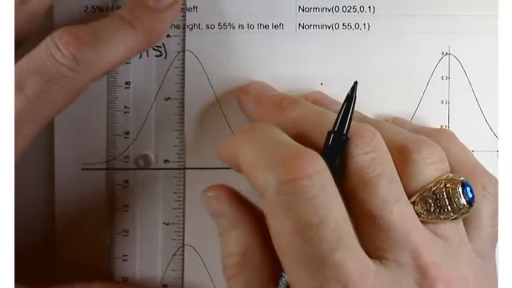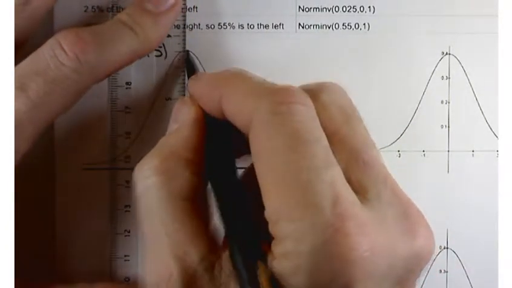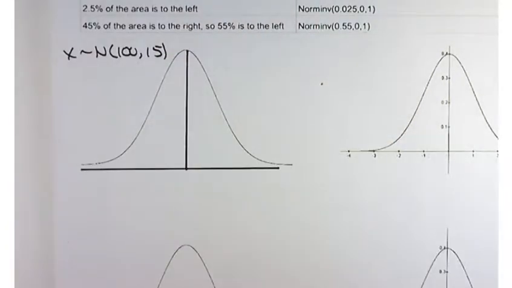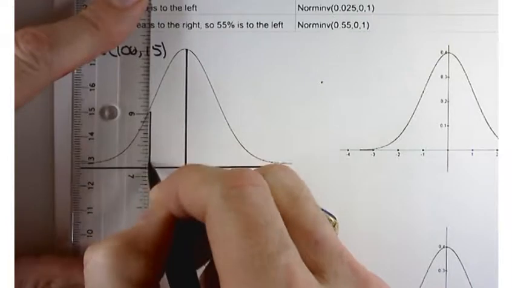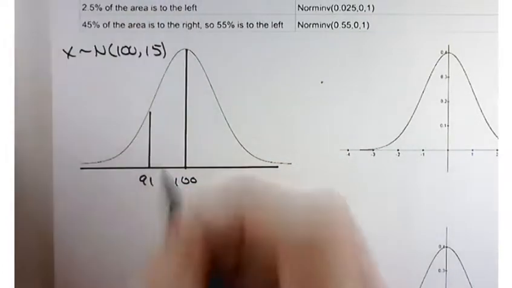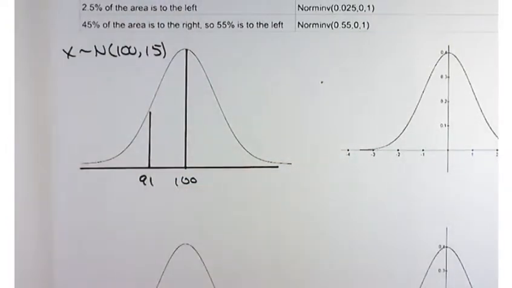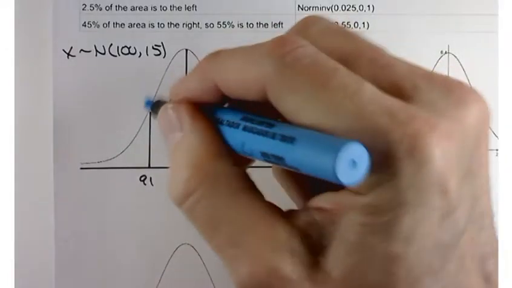So that puts the 100 straight down the middle. Normal curves are always going to be symmetric around their mean. And then I wanted to find the area to the right of 91. So this area here.